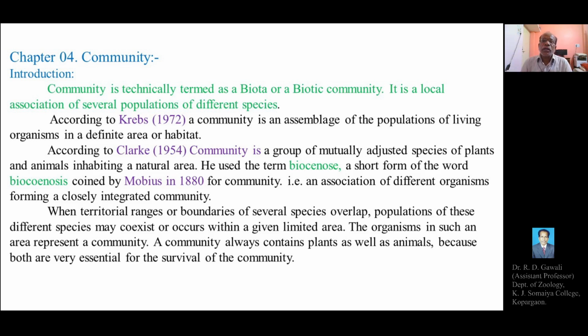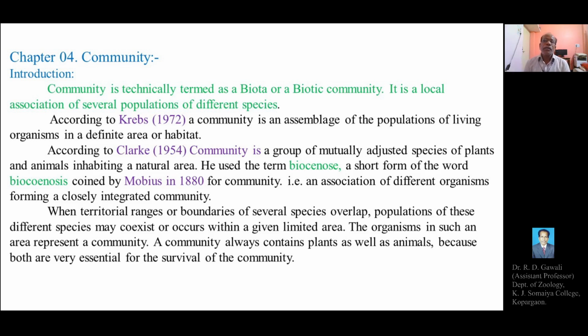He used the term biocenoz for the community, a short form of the word biocenosis, coined by Mobius in 1880.